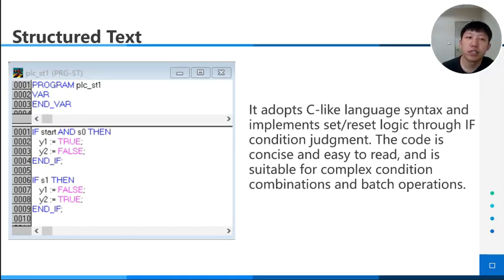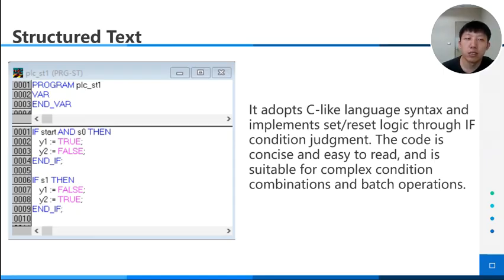Finally, the structured text, ST. ST is similar to C language. First, define our variables and their PLC addresses. Then use if conditional statements to realize the logic. When start and S0 are both true, set Y1 to true, the piston extends, and Y2 to false.